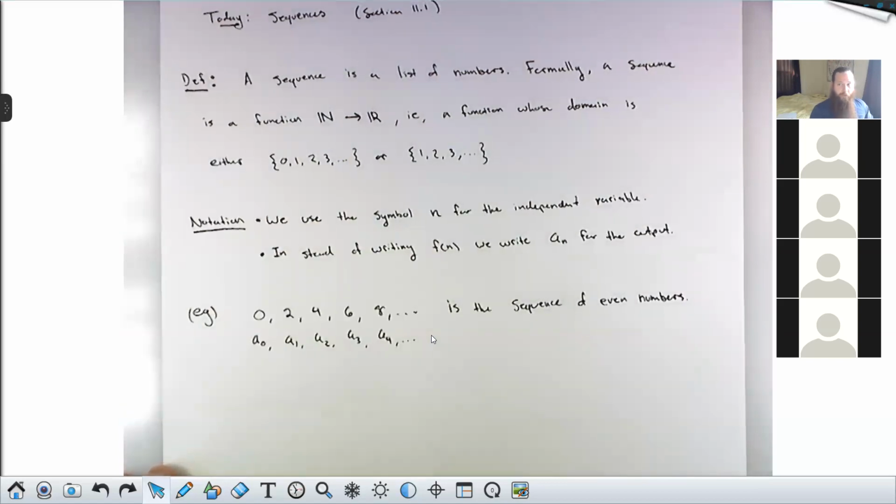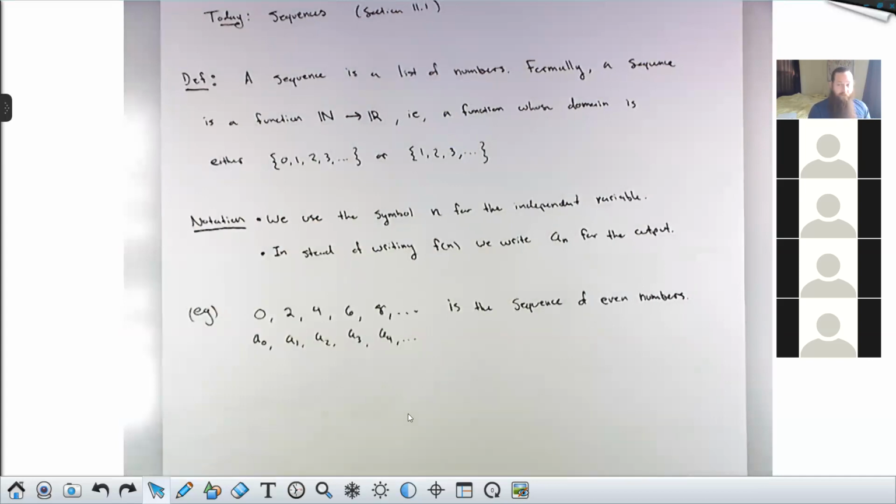And then try to find a formula for An in general. There was a suggestion in the chat, which, well, a good suggestion, is not quite right. So when n is 0, we get out 0. When n is 1, we get out 2. When n is 2, we get out 4. When n is 3, we get out 6, and so on.